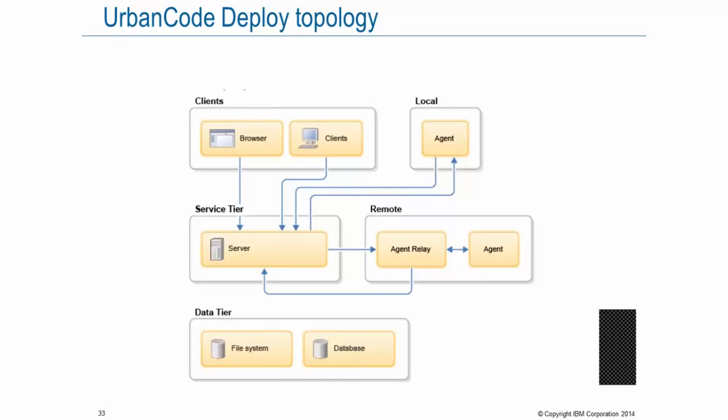That's helpful if you have multiple data centers. The other thing is that you may have different firewalls, and you only want to open a port for the relay. If you have a number of different agents, you don't have to open a port for each; you can just open one port for the relay and connect all the agents there. So that's the purpose of it.